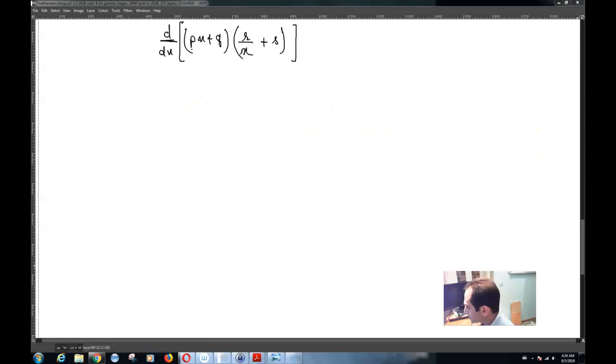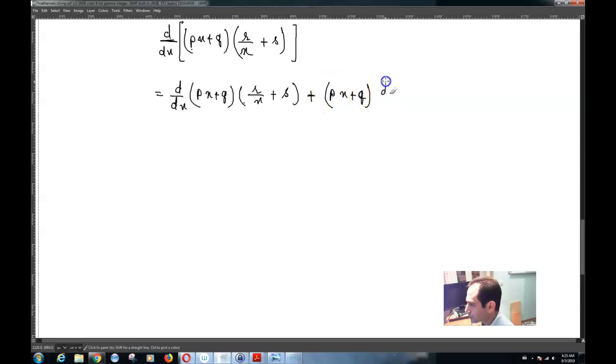Now coming back to the example up here, you would write this as d by dx of (px plus q) times the second function, r over x plus s, plus the first function, which is px plus q, times d by dx of the second function, r over x plus s.